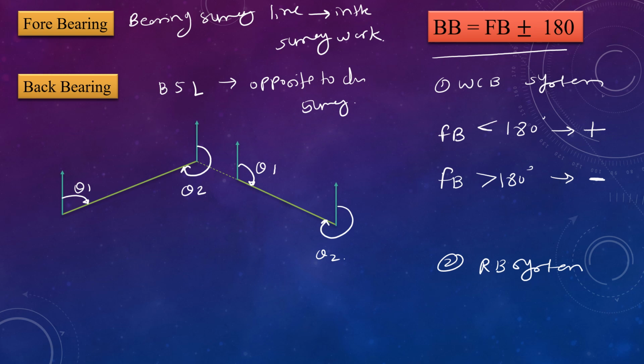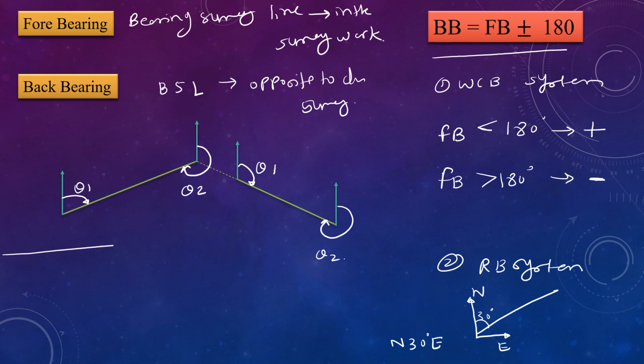But in case of the RB system, if this is the angle in the RB, this is north and this is east. If this angle is 30 degrees, it is north 30 degrees east.